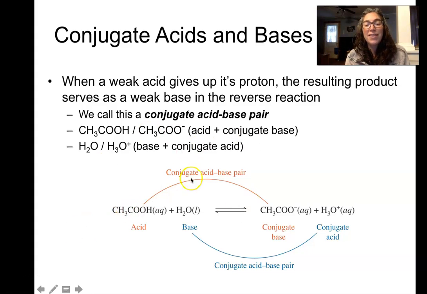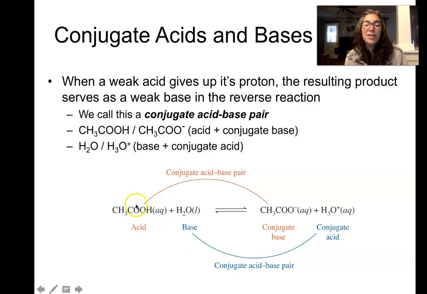So if we look at these weak acids and weak bases that are in these reversible reactions, the thing that acts as the acid in the forward reaction ends up being the base in the reverse reaction. So we call these things conjugate acid-base pairs because they can work as an acid and a base.